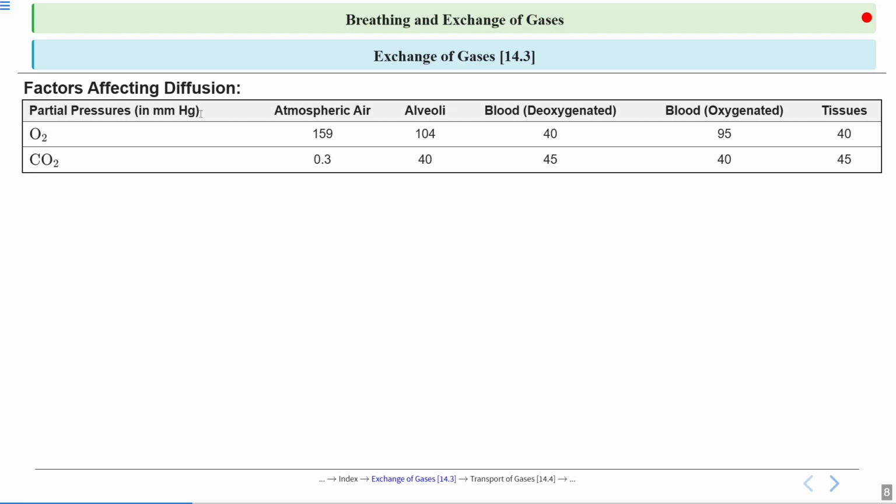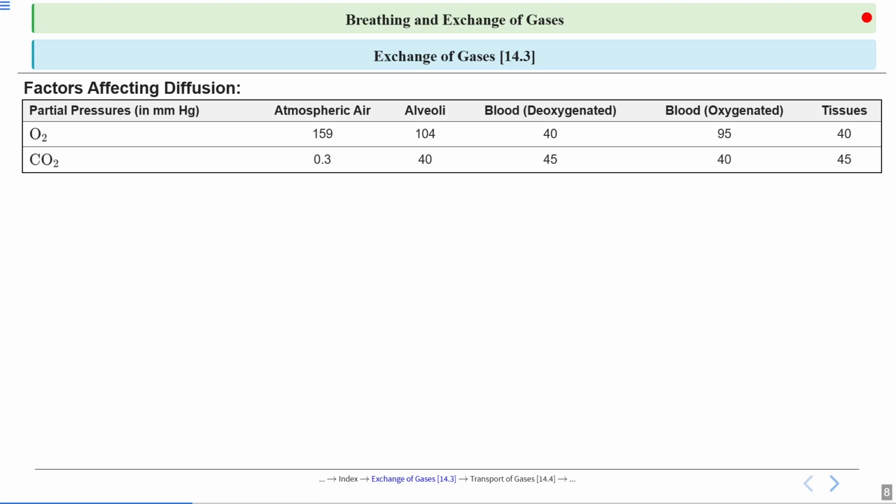In the barometer, this is the mercury, and we measure the rising of the mercury in millimeters. So it is mentioned here as mmHg. Now see, at the atmospheric air, what is the partial pressure? The partial pressure of oxygen in the atmospheric air is 159.